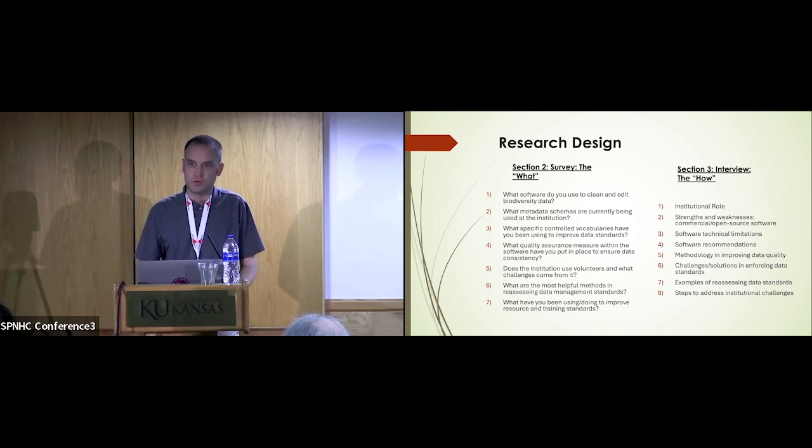The survey's goal was to highlight what the museum is doing in terms of improving software, use of existing tools such as controlled vocabularies, and training resources such as workshops and workflows. Section 3 was the interview, as shown with the questions on the right. The interview's goal was more in-depth responses that assess the pros and cons of institutional features in place and how the museum is actively addressing them.